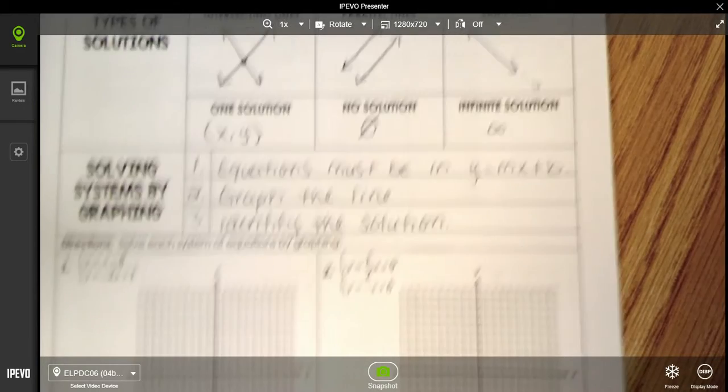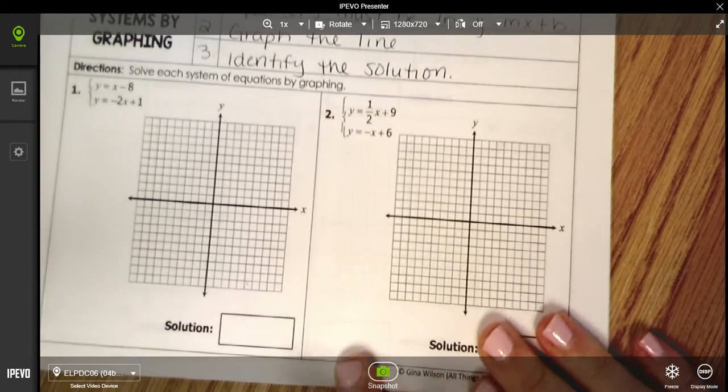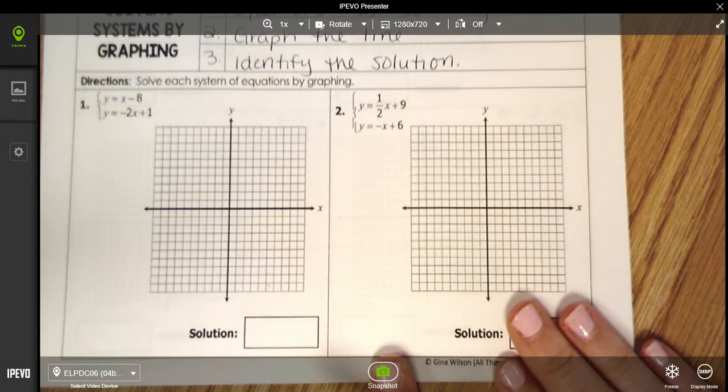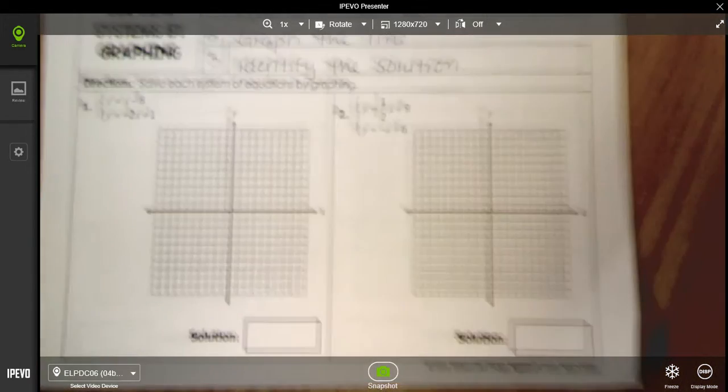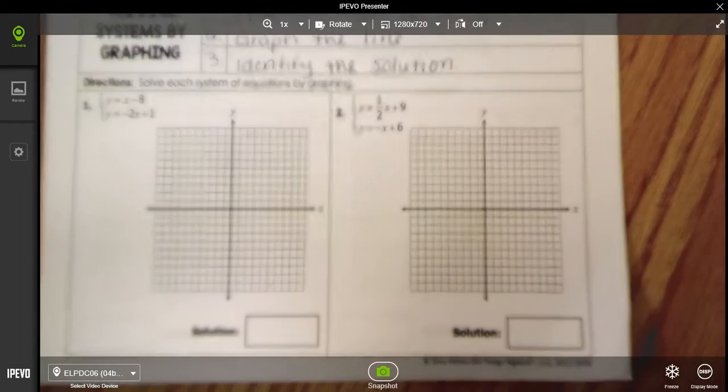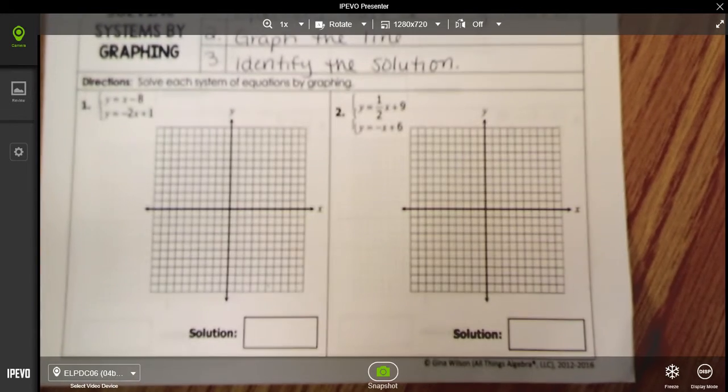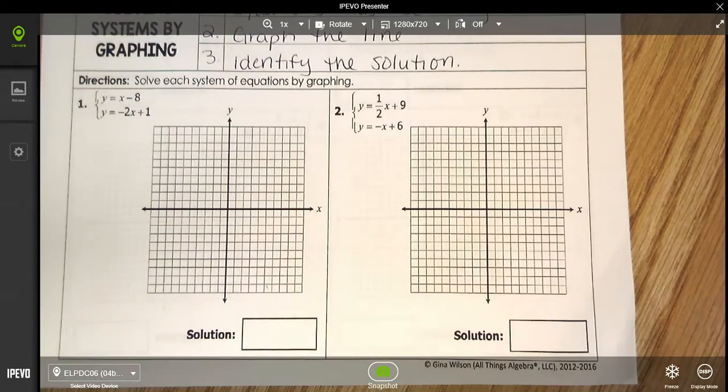So if we go down here to example number one, we have y equals x minus 8 and y equals negative 2x plus 1. So they're both in y equals mx plus b form.